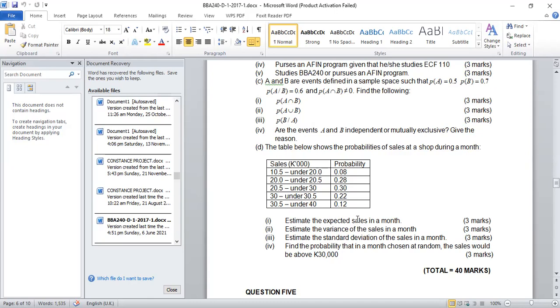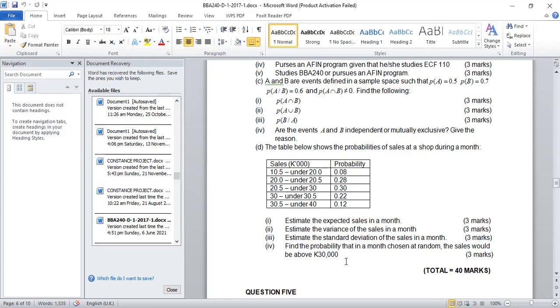Find the expected sales in a month, find the variance, find the standard deviation, and find the probability that sales will be above 30,000. Let's start with the last one here.